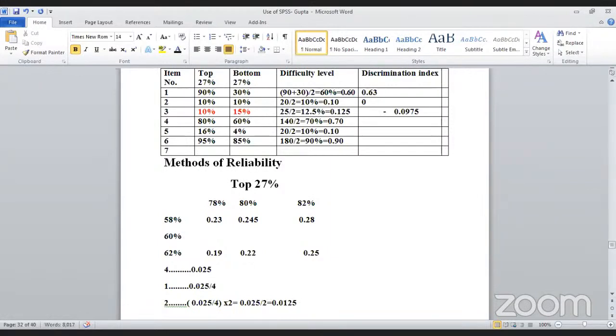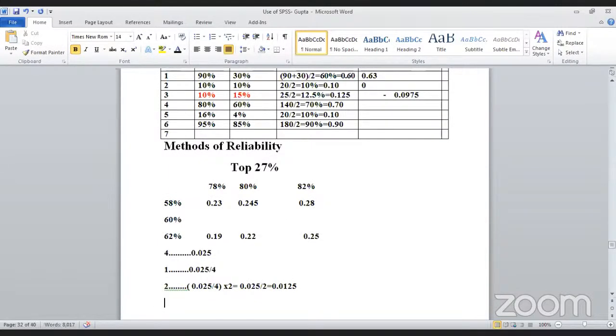Okay, so that will be for the difference is 2. So for 60, 58 and this one, it is 2. So from this 0.245, I have to subtract 0.0125. Why? Because when you are going down, the values are decreasing.